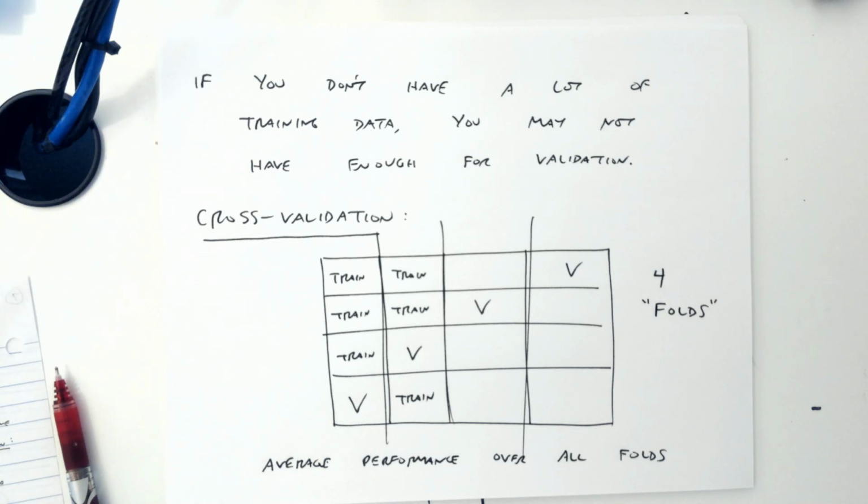And if life is really hard and you barely have any training data, I could use all but one of my points for training, and use the final point for evaluation. I do that n times. That's called leave one out.